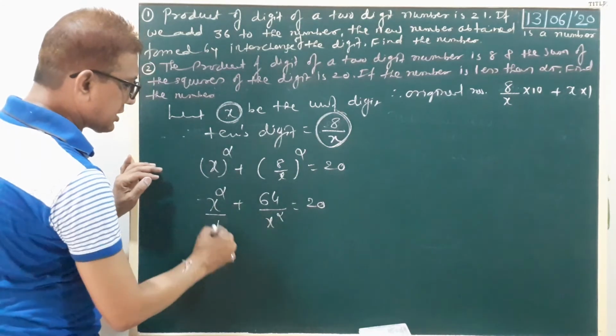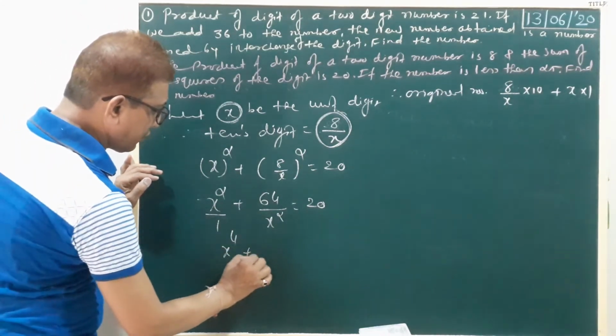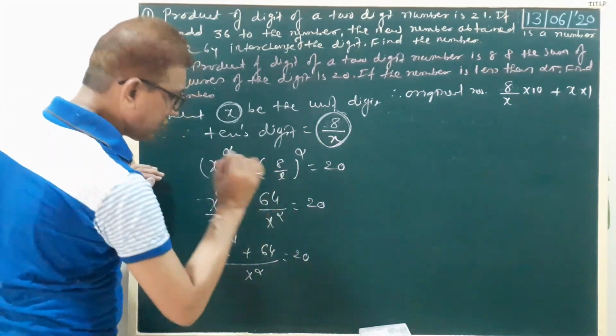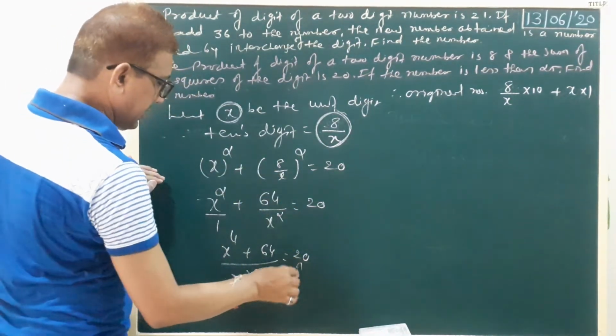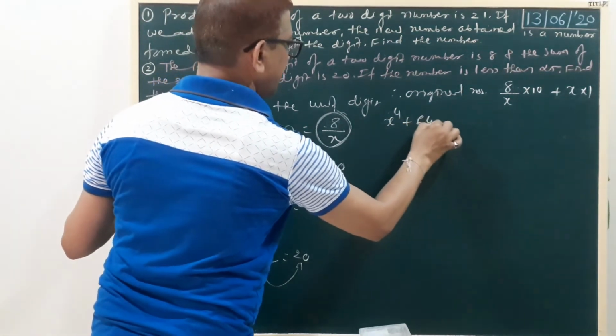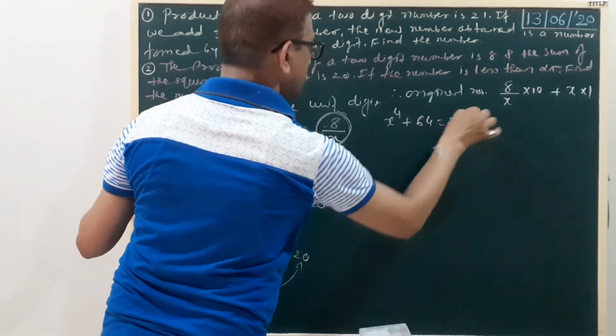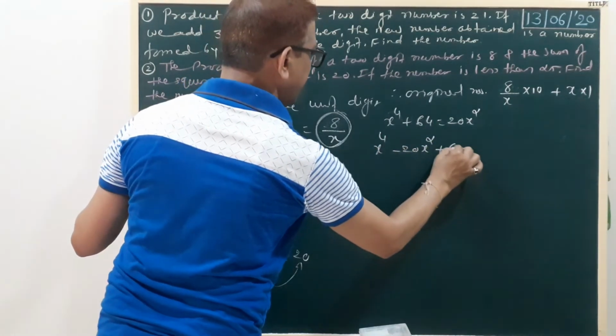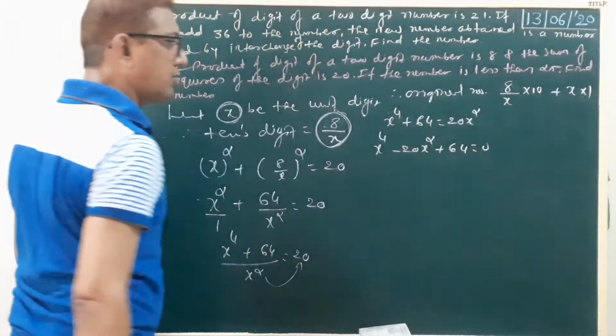Now first we cross-multiply on the left side. So x raised to 4 plus 64 upon x square equal to 20. Now x square in multiplication: x raised to 4 plus 64 equal to 20x square. x raised to 4 minus 20x square plus 64 equal to 0.